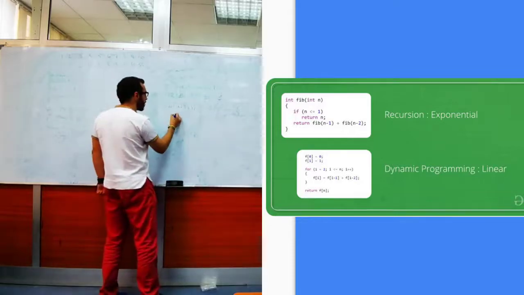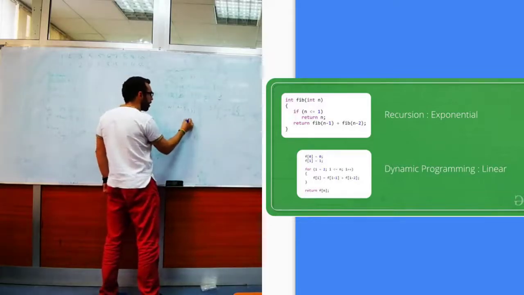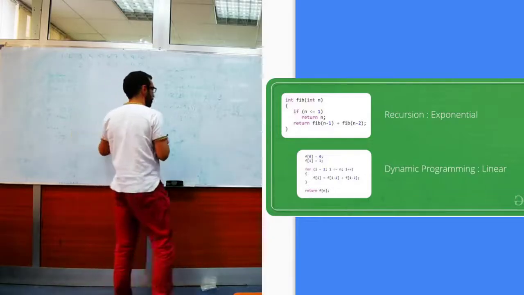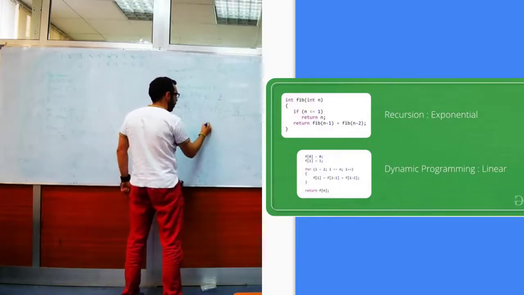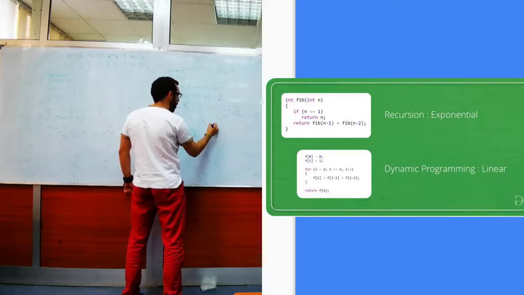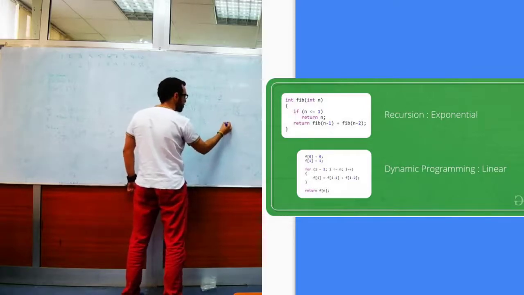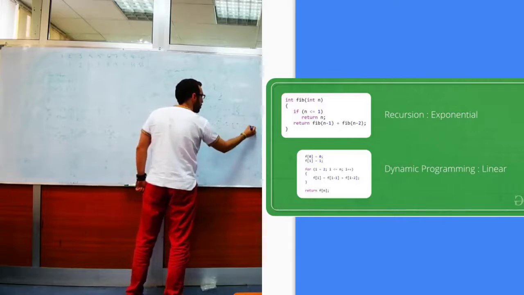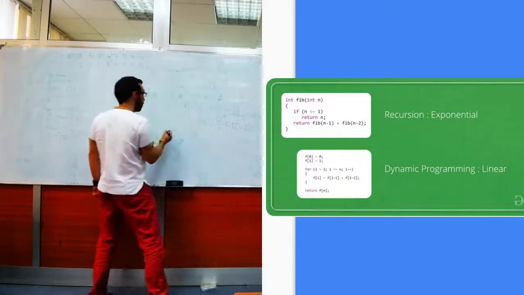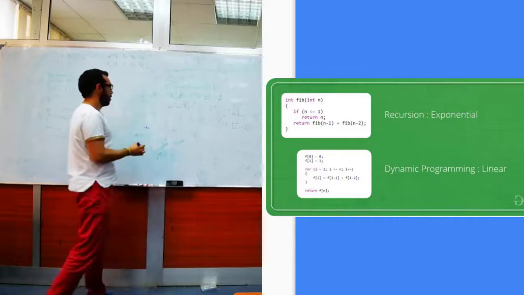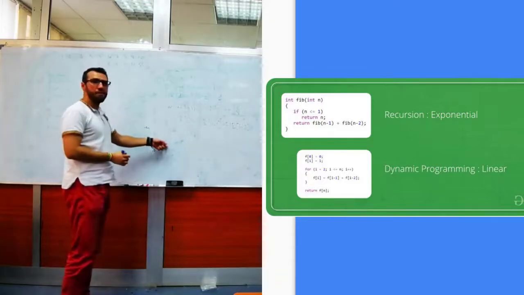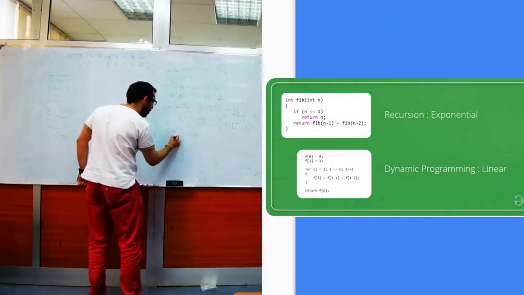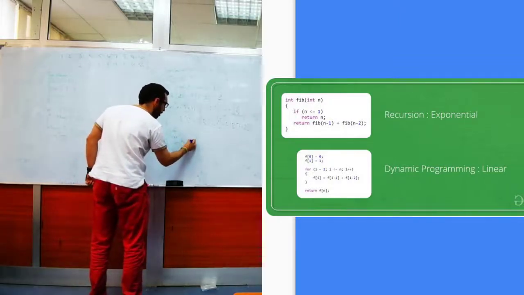And inside I'm going to say fib I is equal to, the same as my recurrence relation here, fib I minus 1 plus fib I minus 2. And once I get here, fib n is already calculated. So we can just return fib n.